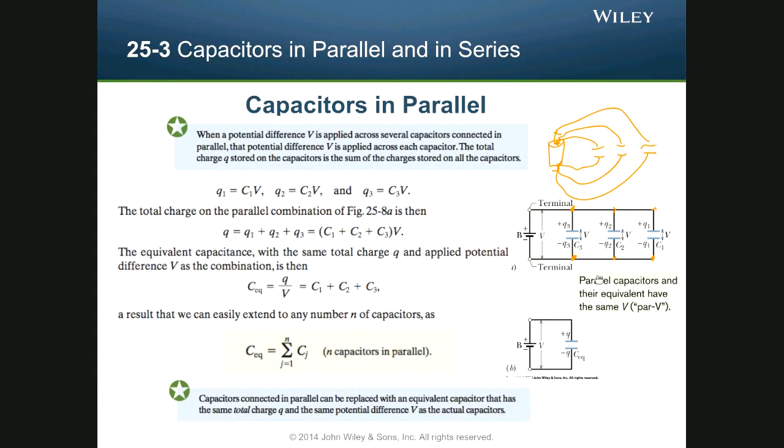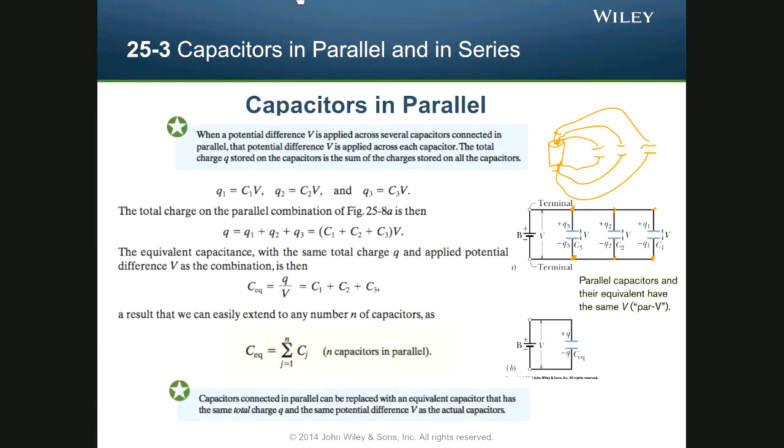Okay. Now, when things are wired in parallel, there's the same potential difference between each of the two terminals. Because these are equivalent to these two terminal points, you have the same potential difference between any of the two points. That's a consequence of being in parallel.